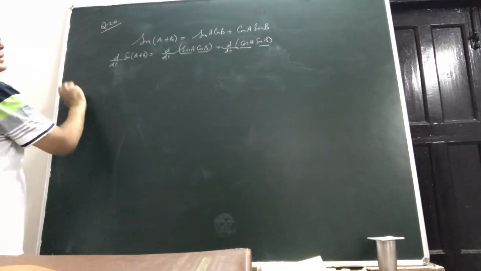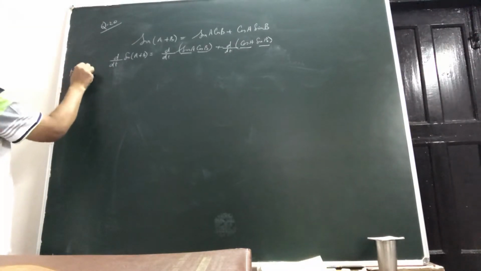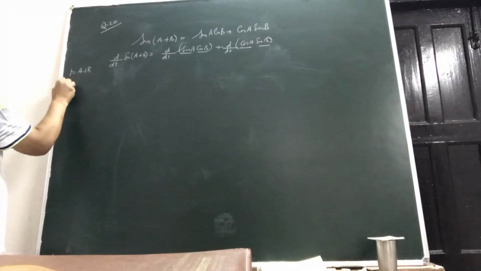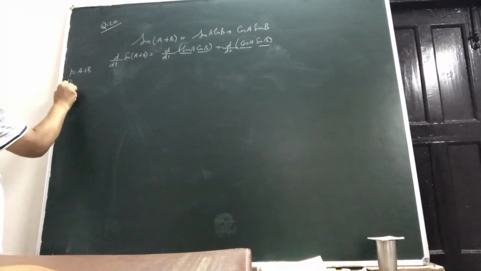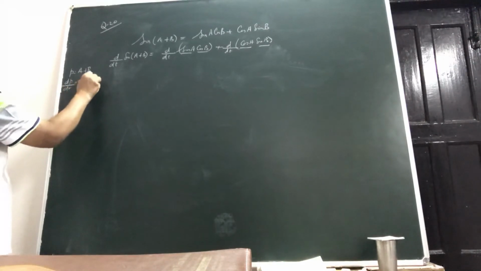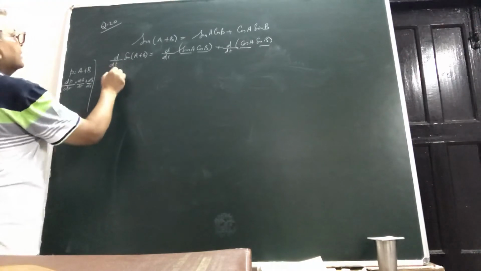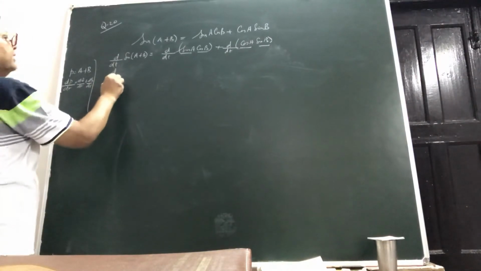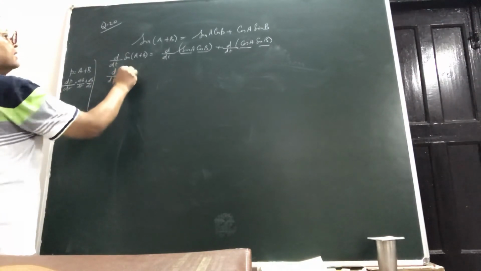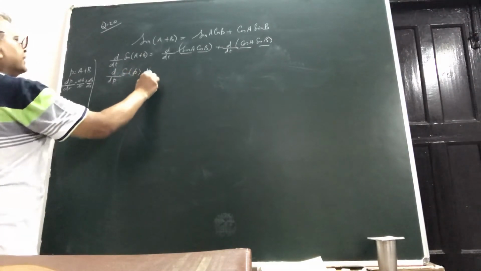Okay, let me do it. Put P equal to A plus B, so dP by dt will be equal to dA by dt plus dB by dt. So this will fetch me d by dP of sine P into dP by dt.